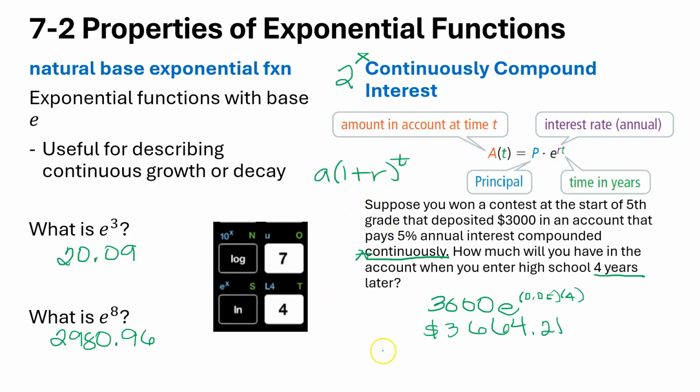So if that was the case, we would have 3,000 times 1 plus our percent, which is 0.05, raised to the fourth power. And if you do your calculations for that, you will notice that this amount is going to be 3,646 and 52 cents.